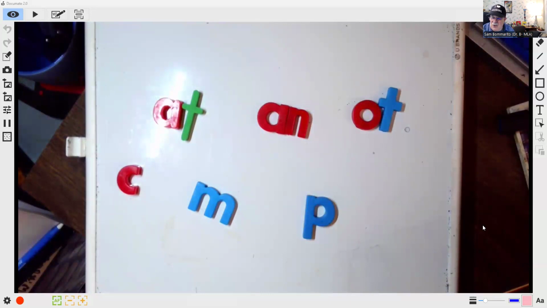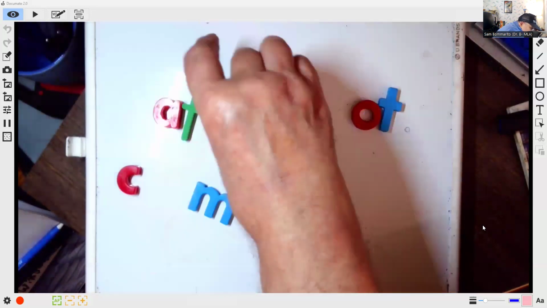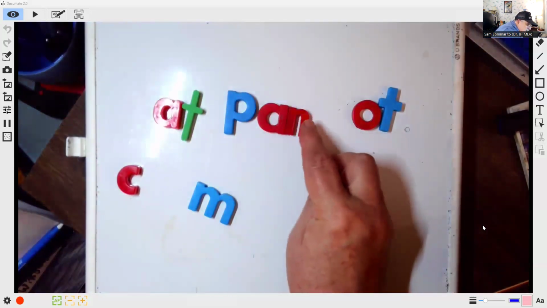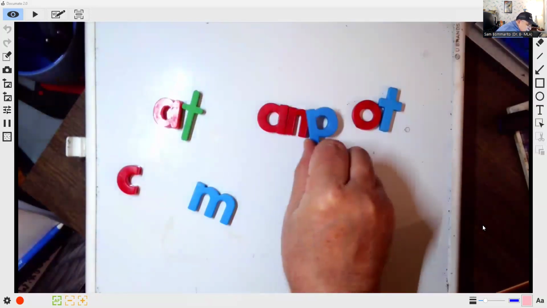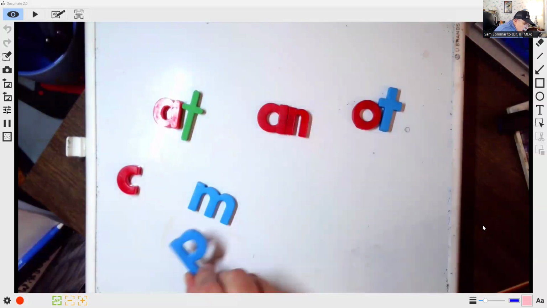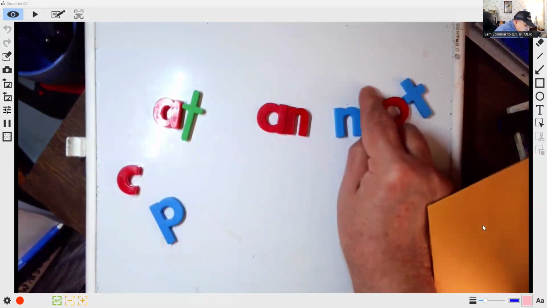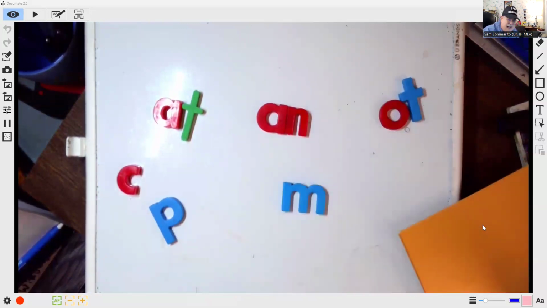And if you want to, you can even take a word that you used, take a letter that you used on this one, pat, or I'm sorry, pan, and make pan, pat, and make pot. Now, sometimes it'll make a silly word. Mott is not a real word, is it? But I want you to concentrate on making all the real words you can out of these letters.